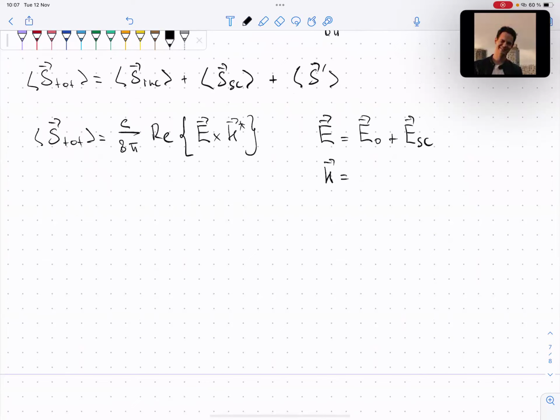The magnetic field is also a superposition of the incident magnetic field and the scattered magnetic field.